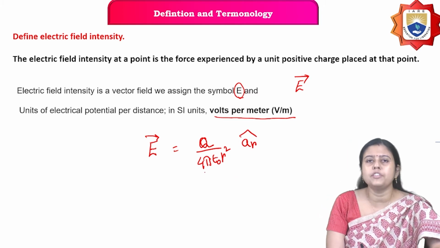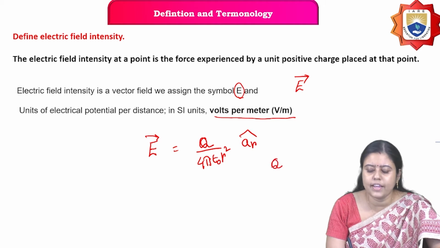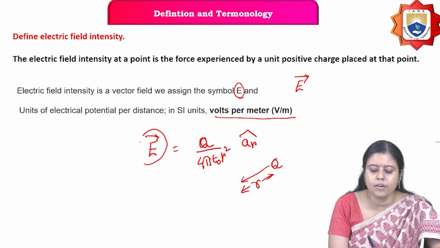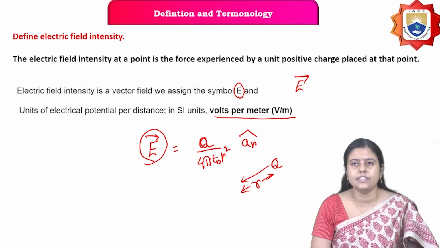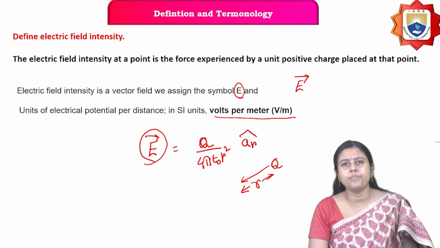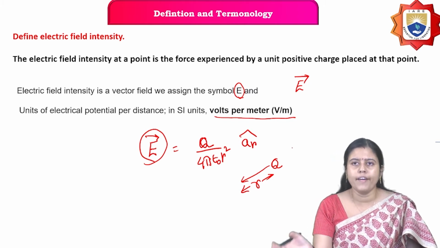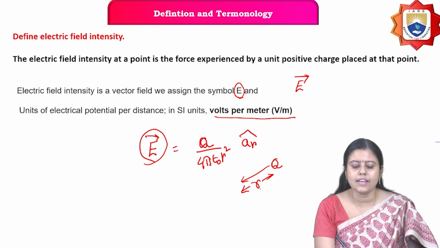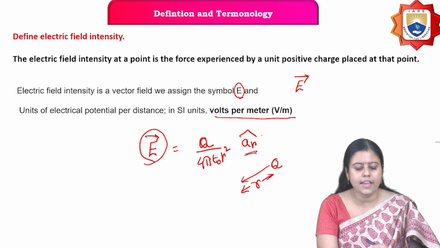If Q is a charge, the force required to bring a unit positive charge to a point at distance r from Q is known as the field intensity. And what is a_r?